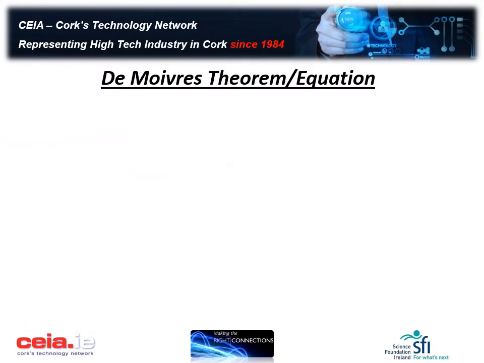So let's take a look at De Moivre's theorem or equation for complex numbers. Basically, De Moivre's equation looks like this. A complex number z to the power of n can be represented like this: the modulus to the power of n, open brackets, cosine n times the argument plus i sine n times the argument.